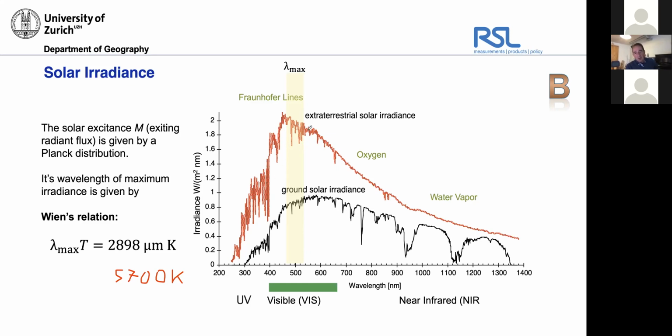If you look at that curve, it's not exactly at 0.5, but this is already some absorption happening from the Sun. If you fit a Planck curve, a continuous curve, you get a maximum at about 500 nanometers. That's the maximum of the Sun. On the ground it looks a little different, and the maximum shifts to about 550 to 600.